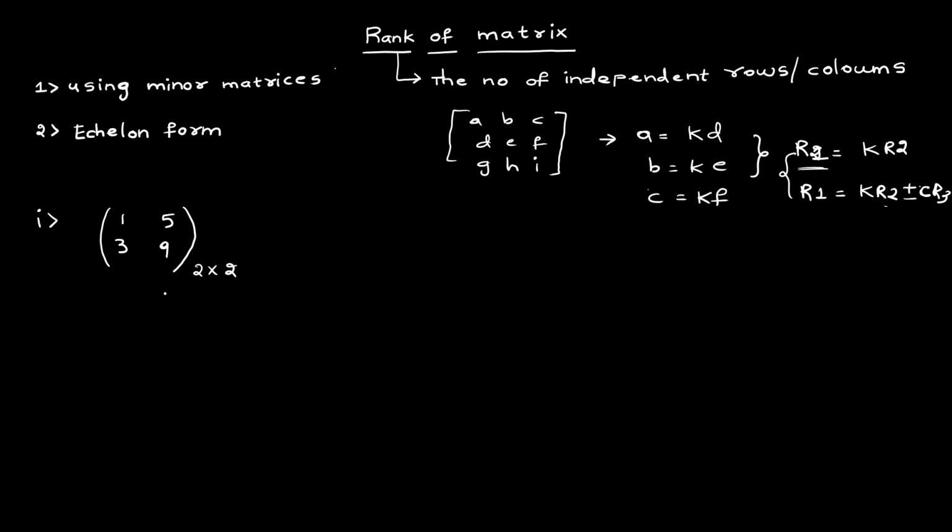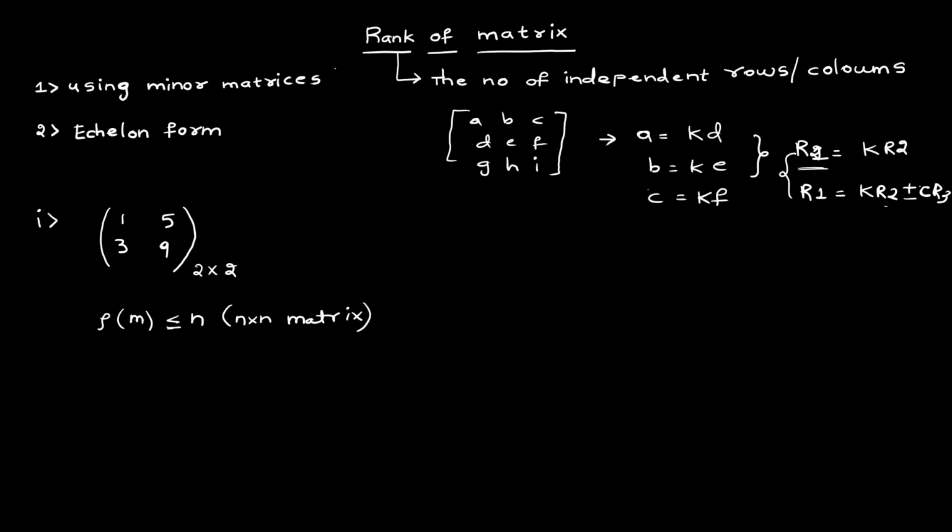So for an n into n matrix, the rank of that particular matrix M is always less than or equal to n. So the rank of this is always less than or equal to 2.